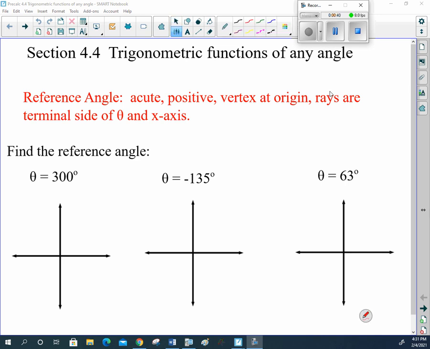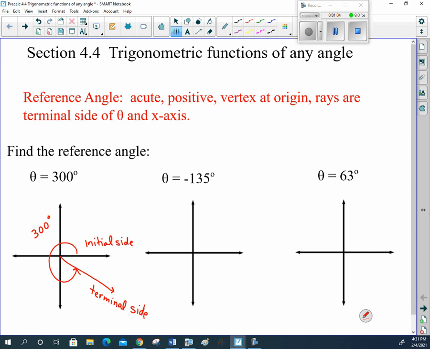So if I were to rotate 300 degrees, that would put me about right here. This is the terminal side. This is 300 degrees. This is the initial side.